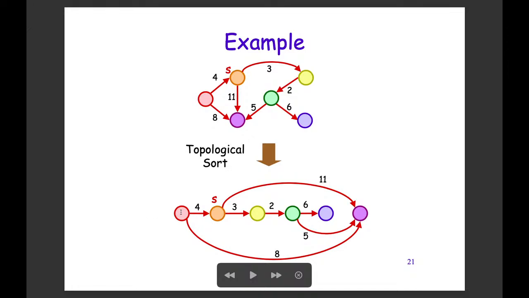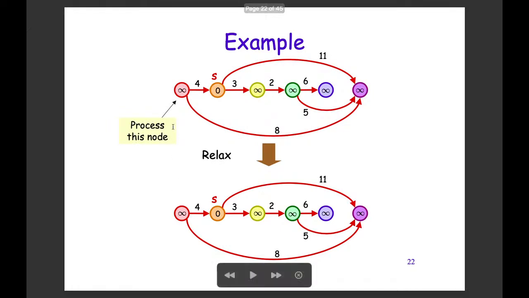So if a vertex appears on the left-hand side of S, then the distance from S to that vertex is infinity because there is no way to reach it. So we process the node, find that it is on the left of S, and set it to infinity. And for S itself, it is 0. Is that okay? Now for all the other vertices, initially we just set the distance to infinity because we don't have any information about whether this vertex will be connected from S in any way.